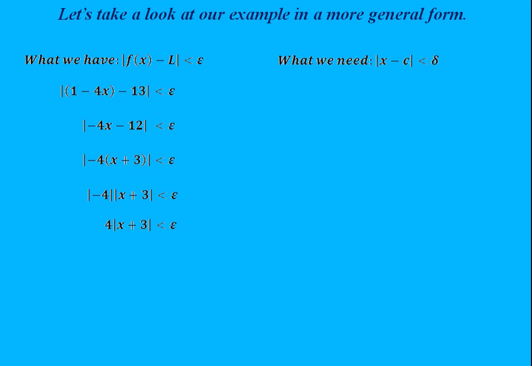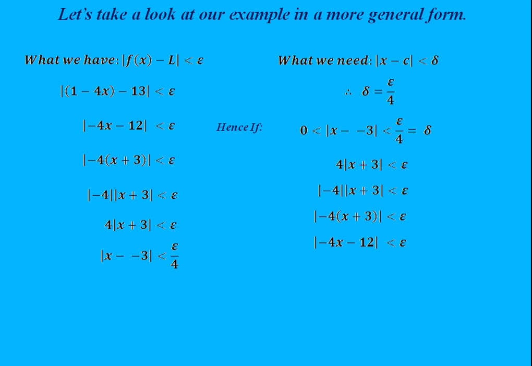And so as we work through, we keep going until we actually see it match what we need, and when we get to that point, we can see a very clear relationship between delta and epsilon. And then we have to prove it. So we start working backwards and prove that we solved for delta correctly by undoing all of our steps. And when we get to the end, it's perfect.